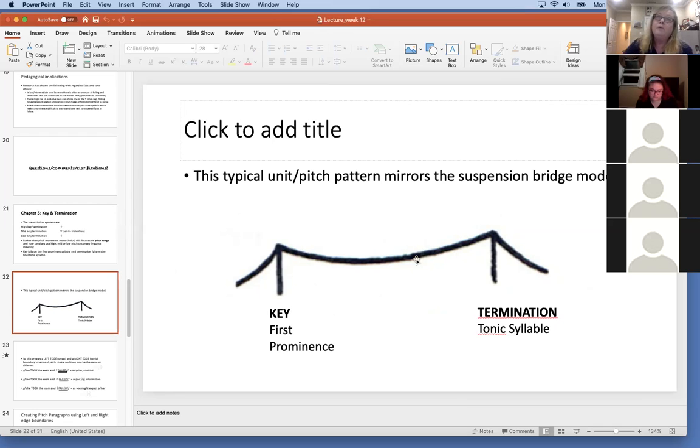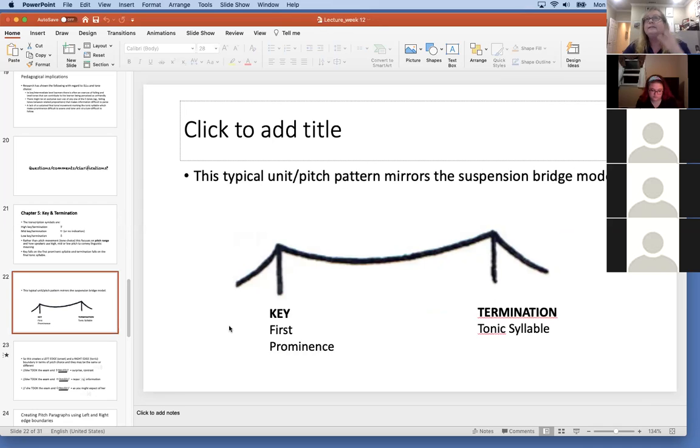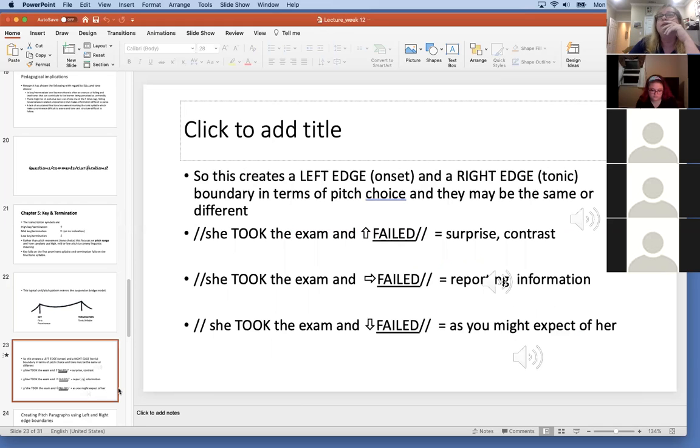But the important ones are this one right here, the first one, and the last one. So what this does, and you can see it here, is it creates a left edge boundary and a right edge boundary to each of the units, right? And we can look at some examples here.